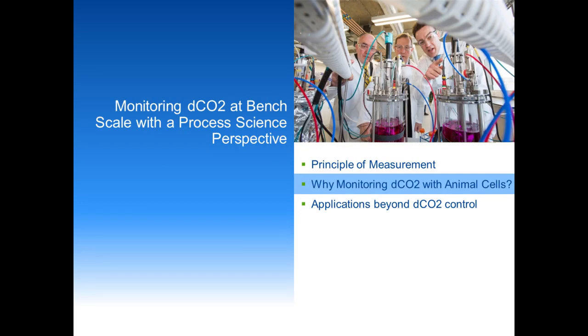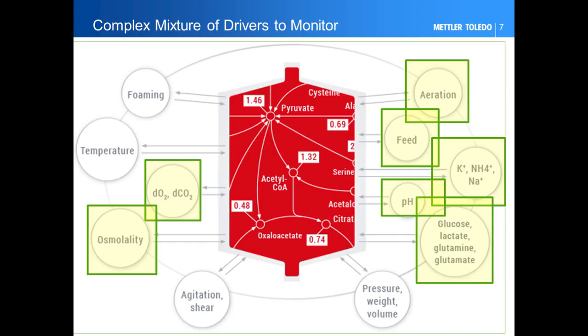Let's take a look now at dissolved CO2 with a process perspective and the reasons for monitoring dissolved CO2 from preclinical batches to commercial manufacturing operations. So nothing new when saying growth or feeding media, cell culture media is a complex mixture of materials that are difficult to track in line.